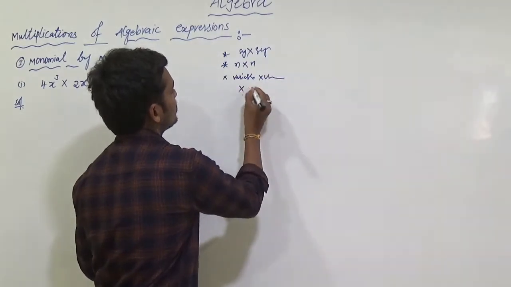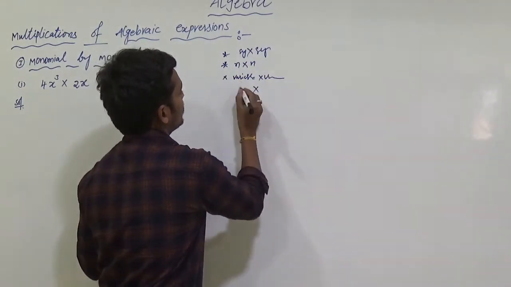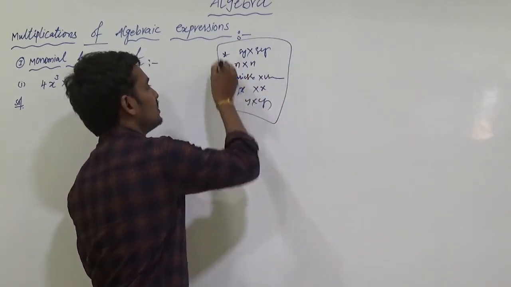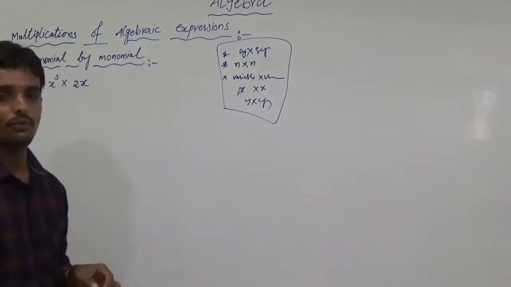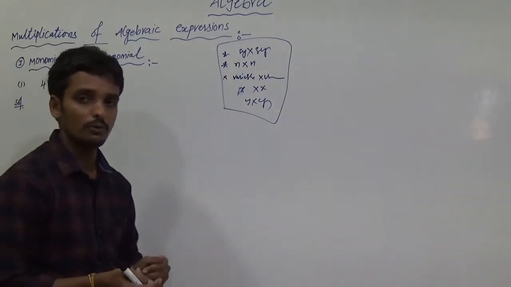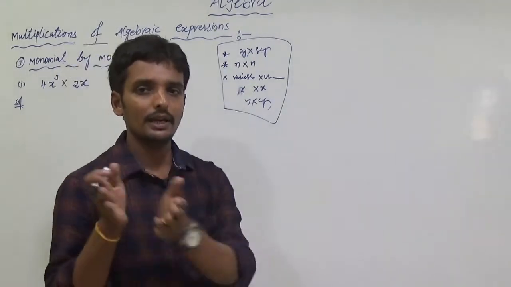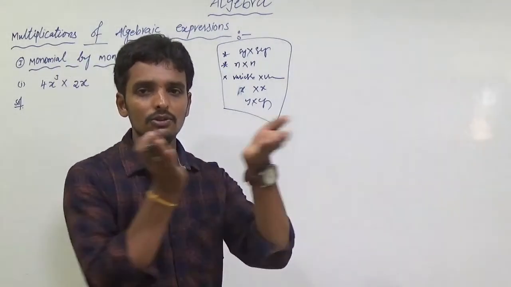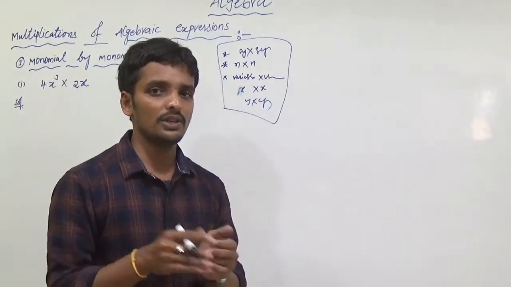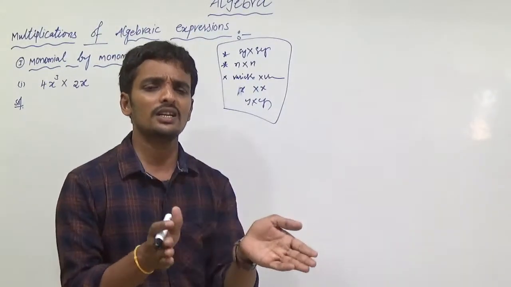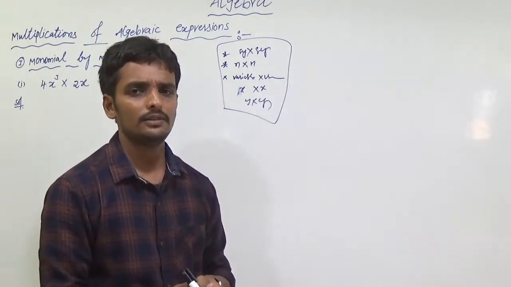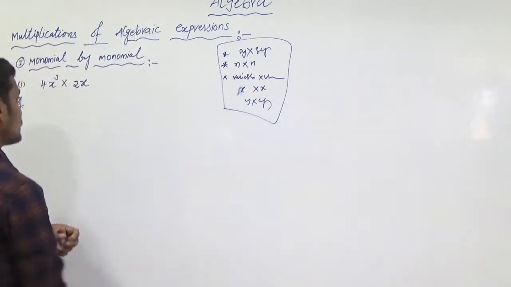That means x with x, y with y. So we can follow these steps for doing multiplications of algebraic expression. If there are different variables, like x and y, we just write them side by side. That means x into y is equal to xy. Like that.